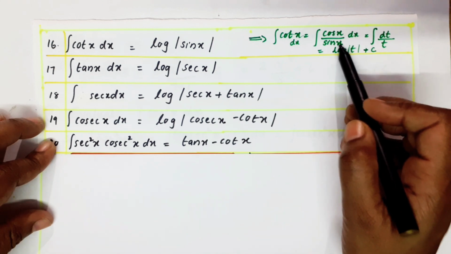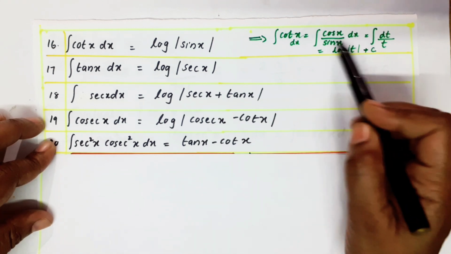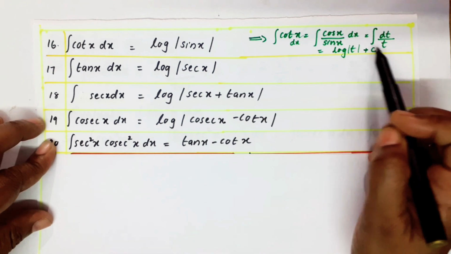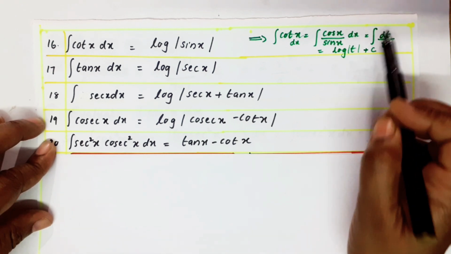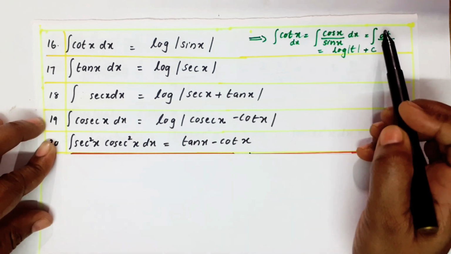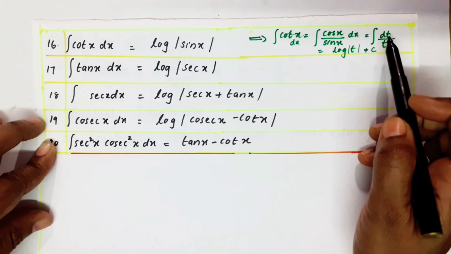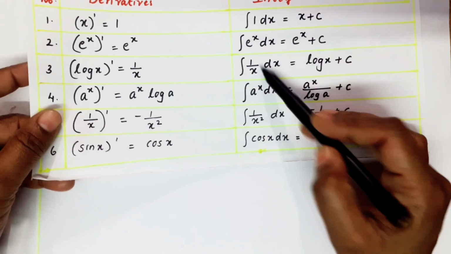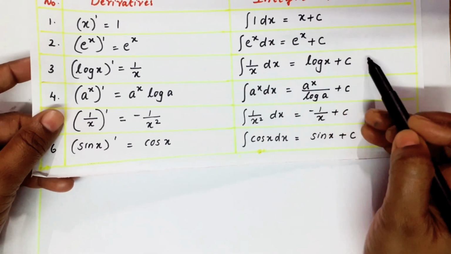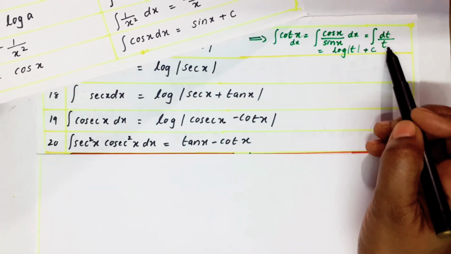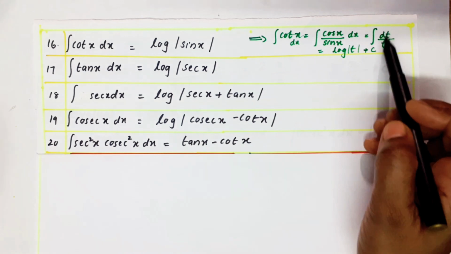So in those cases, we can rewrite this as the integral of dt by t, where t is sin x and dt is cos x dx. So in this case, we can apply our first formula. I told you the integral of 1 by x dx is log x plus c. So this is the same formula, the integral of dt by t. What is dt by t?